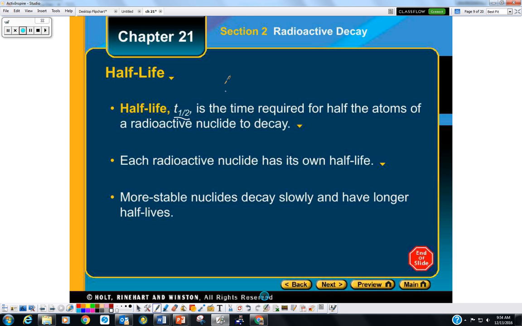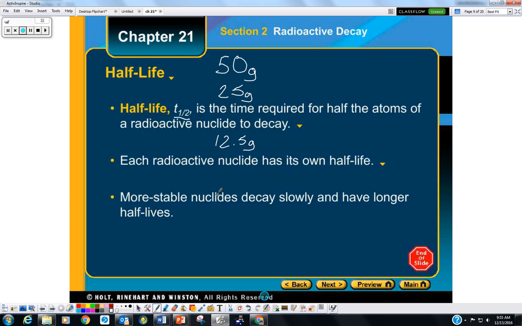And let's just say that you start off with something that has 50 grams. After one half-life, how many grams of that substance would you have? 25. After another half-life, how many grams would you have? 12.5. And so on.